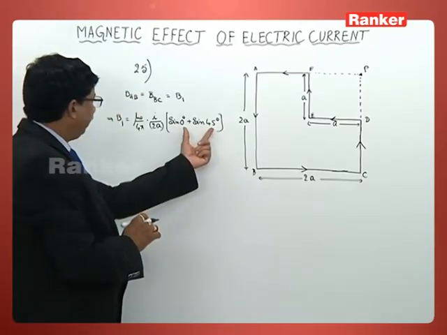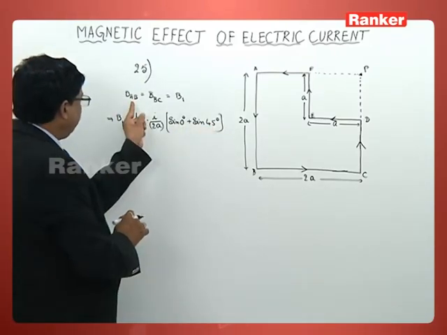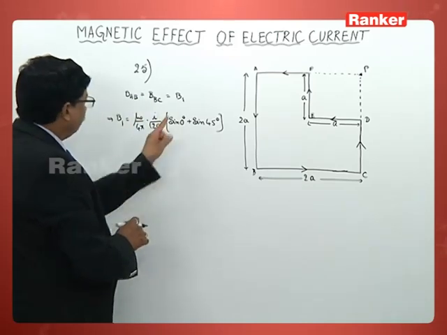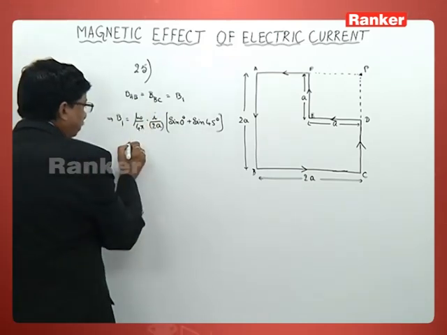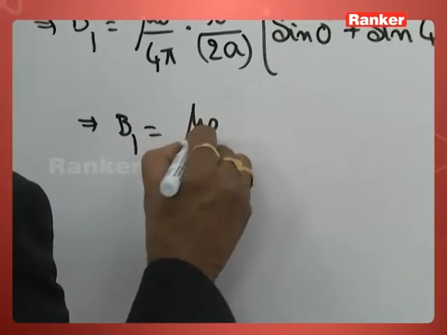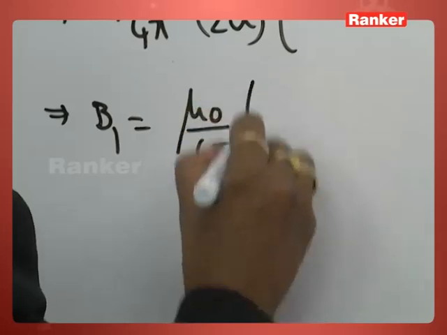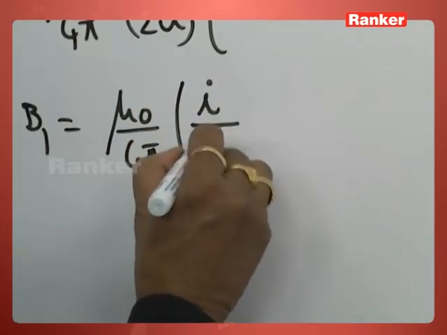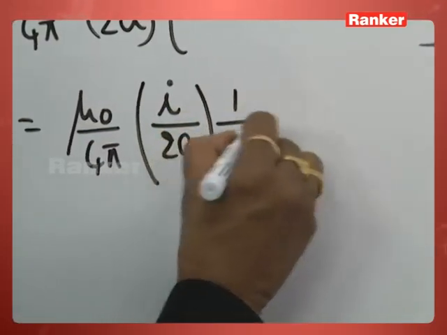So you can straight away understand this one, this is equal to this, no doubt. So B1 is this much. How much its value will now be? B1 is equal to mu naught by 4 pi into I by 2a into 1 by root 2.